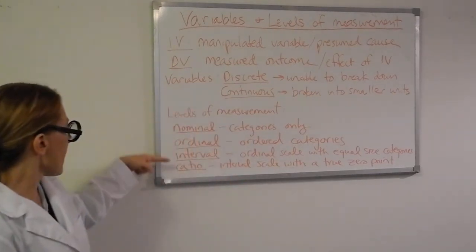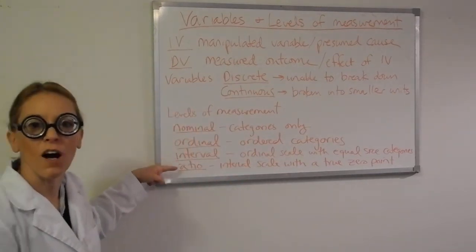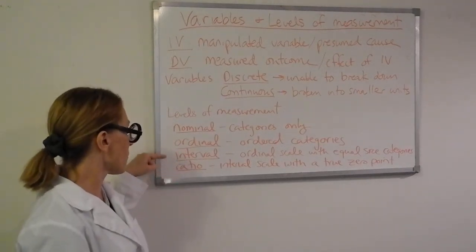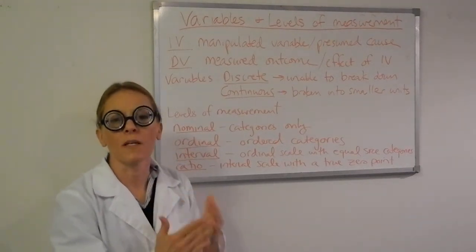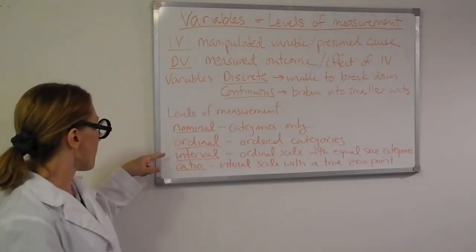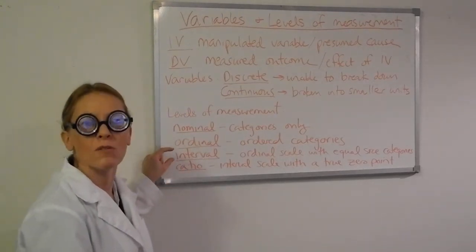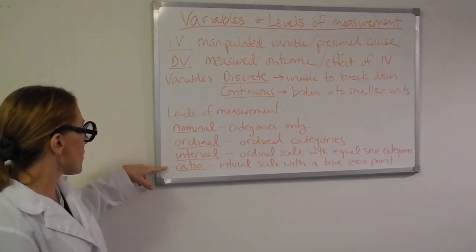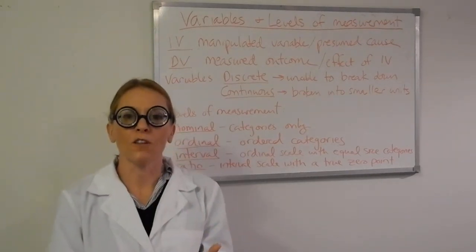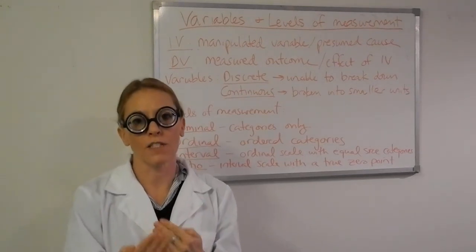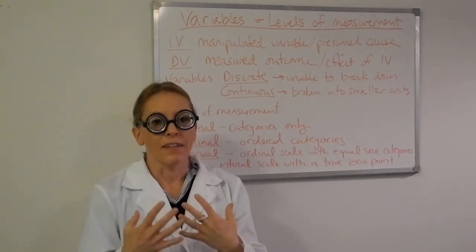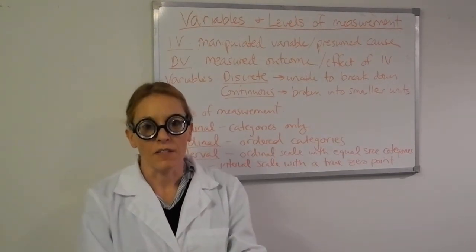Now ratio scales. Ratio and interval are often used kind of interchangeably because so many variables resemble each other in a lot of ways, and a lot of the statistics could be used in the same ways for the two of them. Ratio level is the same thing as interval, except that it has a meaningful 0 point. And by that, I mean that the 0 actually means that there's none of something.